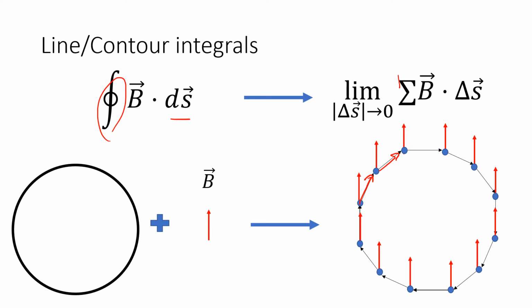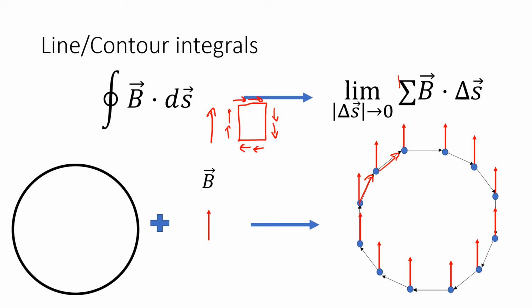And so, in general, for the line integral, because we're taking the dot product with each ds, we want to make the contour that we choose to be either the same direction or 90 degrees to B. So if we know B points up, for example, then if we choose this square, it either points up, sideways, or down.